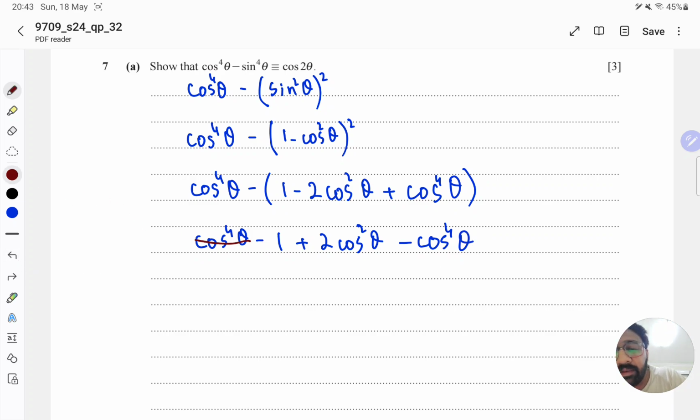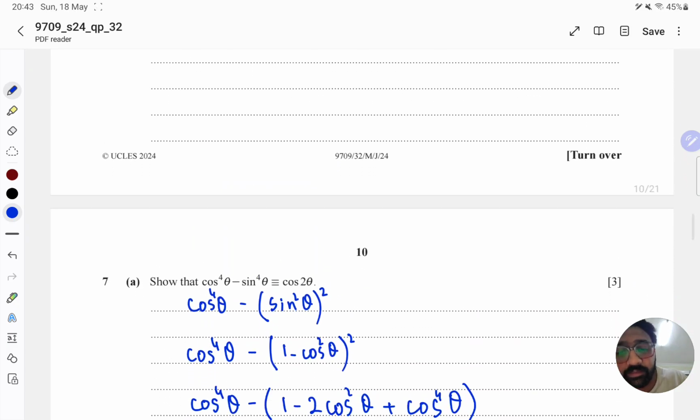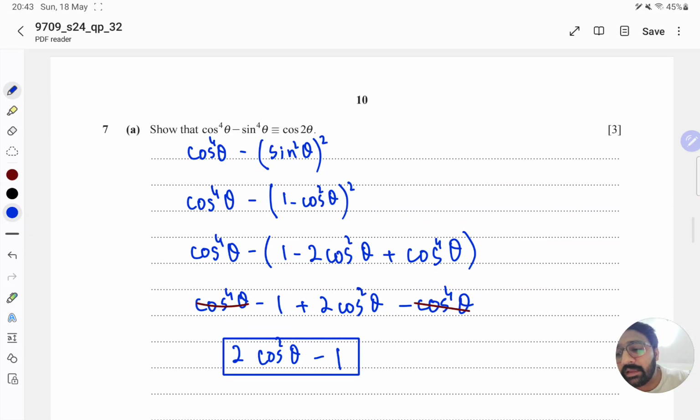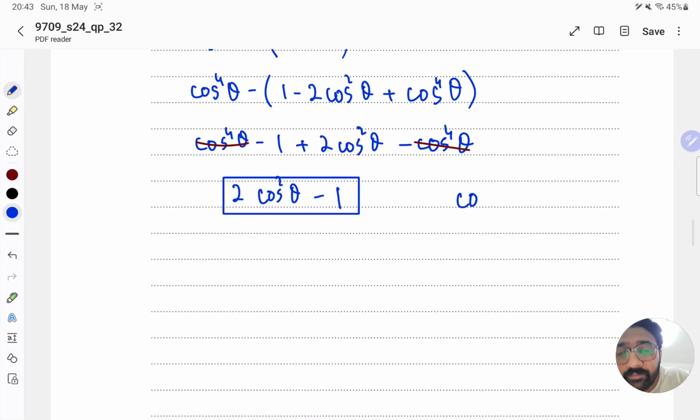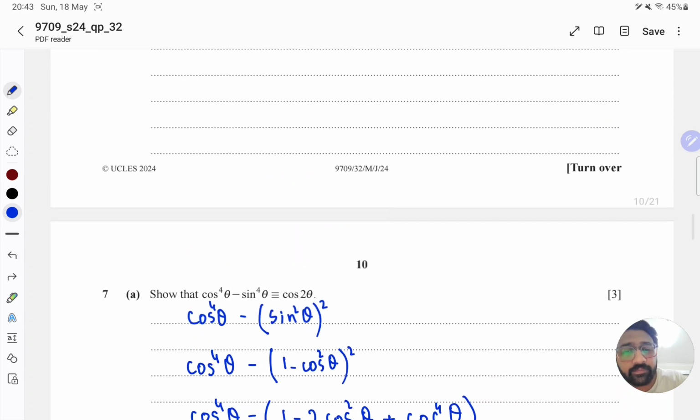So they will cancel, and I'll be left over with 2 cos square theta minus 1. But this is what I was supposed to show. Yeah, but we know that there is an identity that cos 2 theta is equal to 2 cos square theta minus 1. This is the identity. You can even check it from the formula booklet. So I'll replace this thing with cos 2 theta.